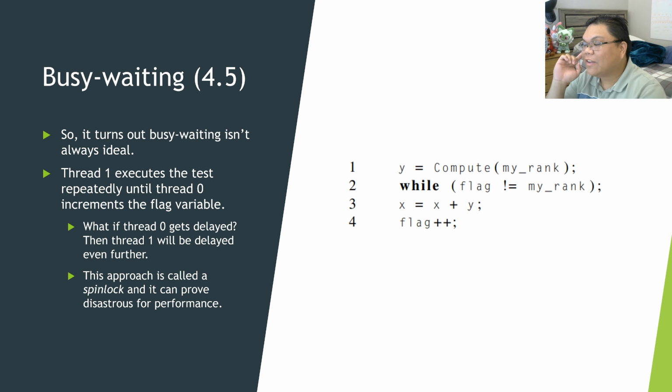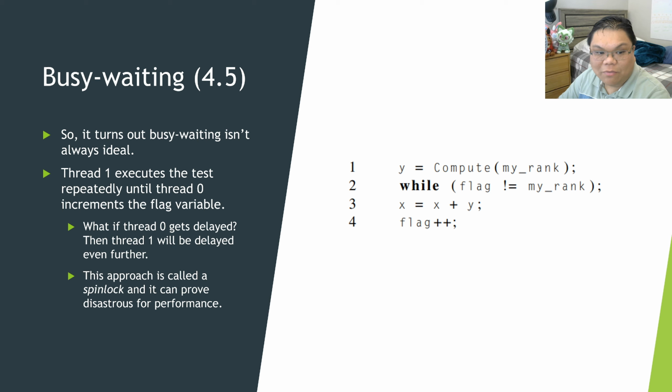One other thing that could happen is this. In our example, thread 1 finishes before thread 0, but then it gets stuck in the busy waiting. So now it's up to thread 0 to free thread 1, effectively. What happens if thread 0 gets delayed?